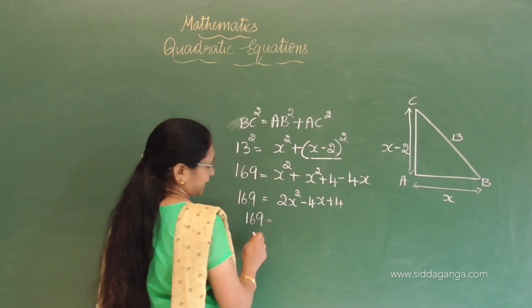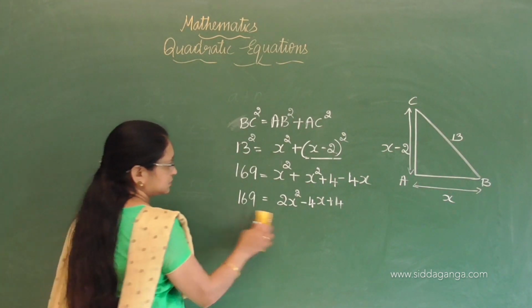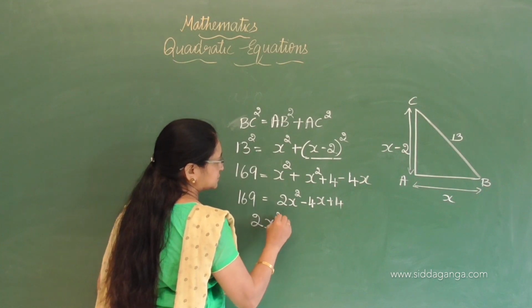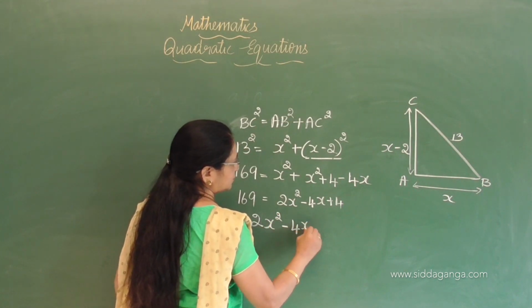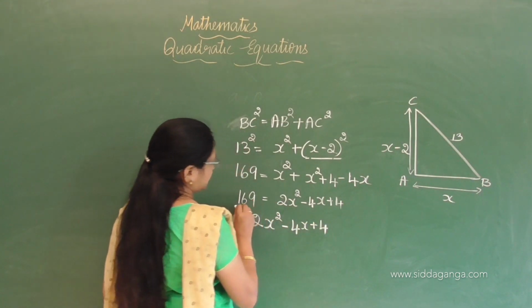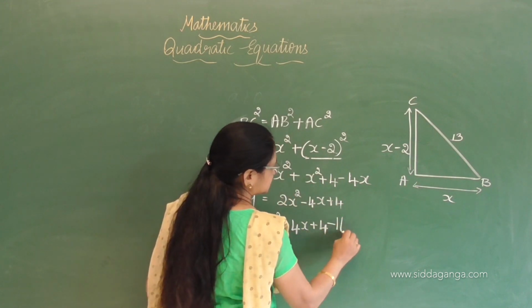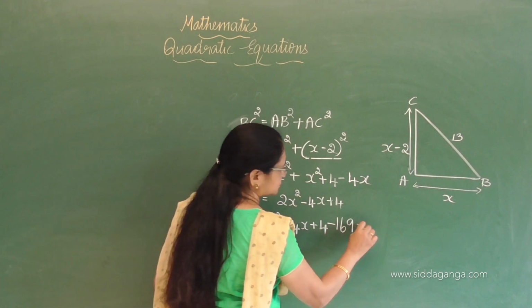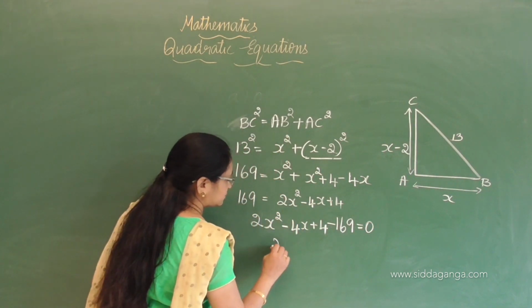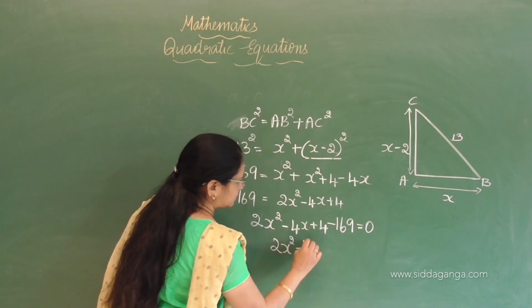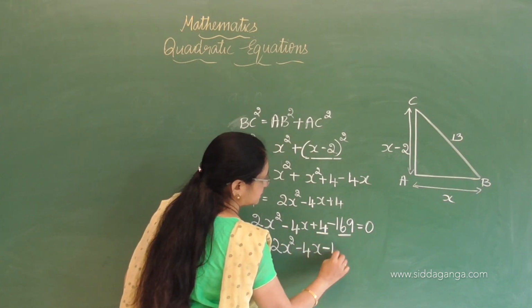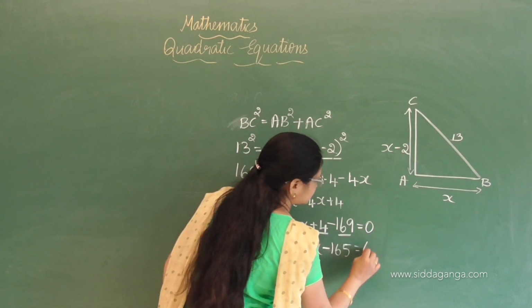We can equate it to 0: when 169 comes to this side, it becomes minus. Then 2x square minus 4x, and you have to subtract 165, is equal to 0.